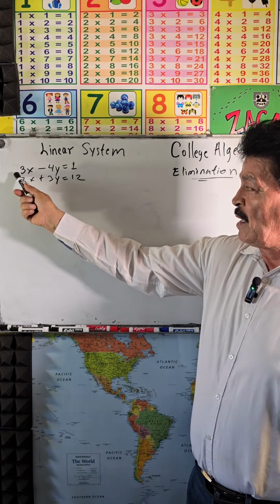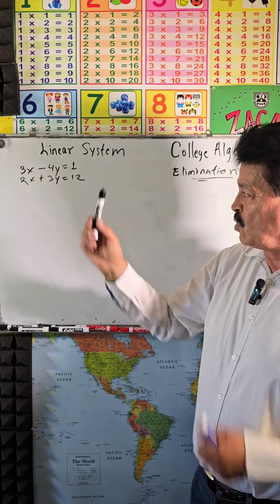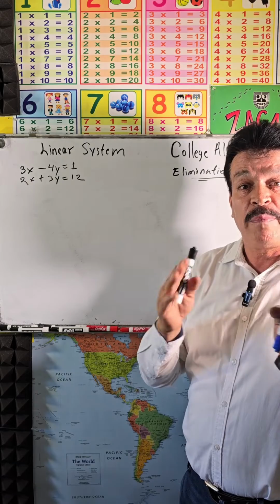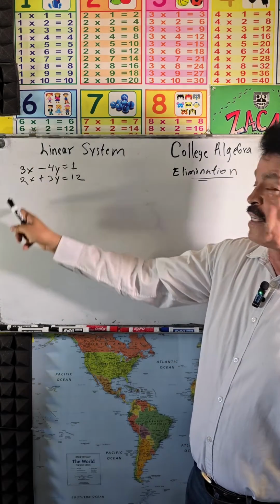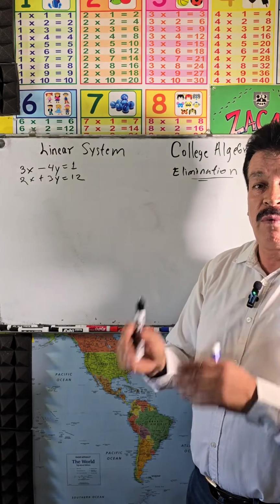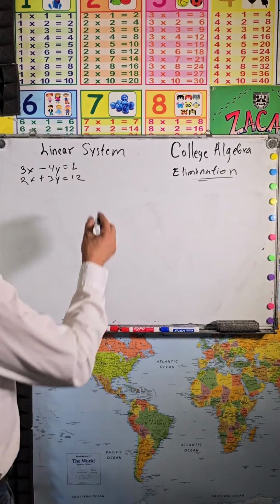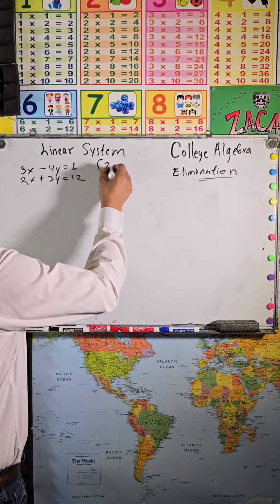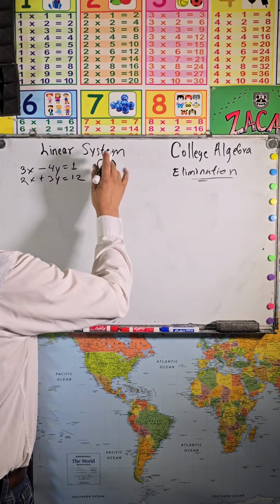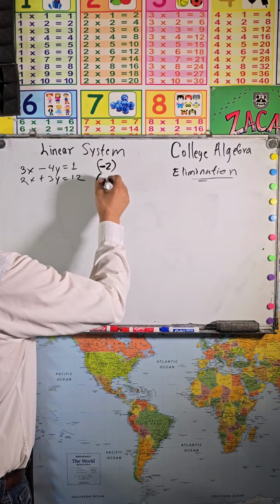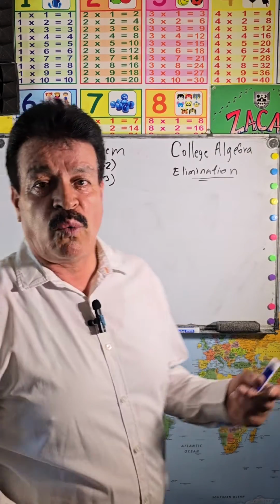In our problem, we have 3x minus 4y equals 1, 2x plus 3y equals 12. You need to multiply the equations by some numbers to make one variable the same with a different sign. In this case, I will multiply the first one by negative 2 and the second one by 3.